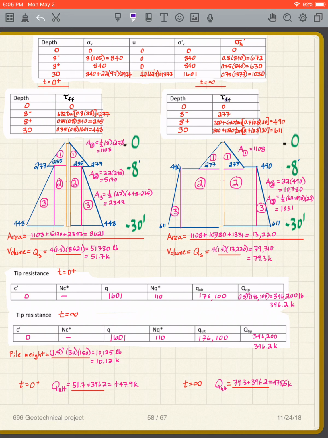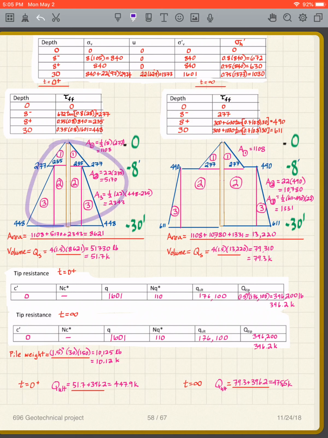And then similarly, I have the 0 here. I've got the 277 here, the 490 here, and the 611 here. And that gives us the tau FFs for both situations.